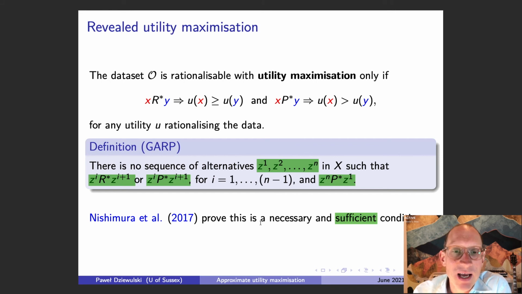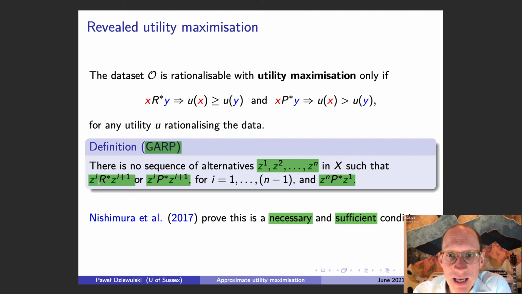So really, utility maximization is contained in these two lines of the generalized axiom of revealed preference, which is what GARP stands for. Now, the reason I want to discuss this is because this condition shows how critical transitivity of indifferences is for utility maximization. Notice that the only cycle of revealed preference that GARP allows for is the one generated by the weak preference relation only.